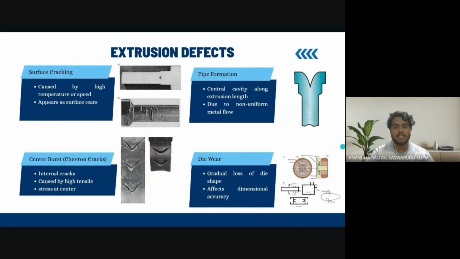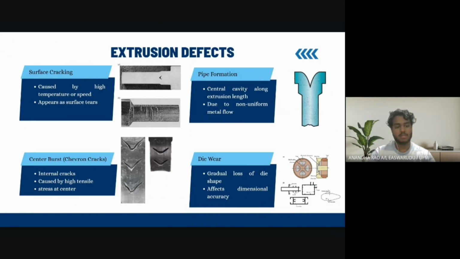Next, let's look at the extrusion defects. Several defects may occur during extrusion. Surface cracking occurs due to excessive temperature or speed. Pipe formation is a central cavity formed due to non-uniform metal flow.